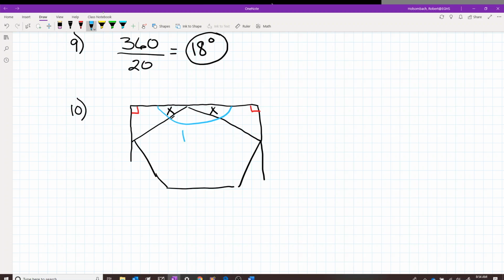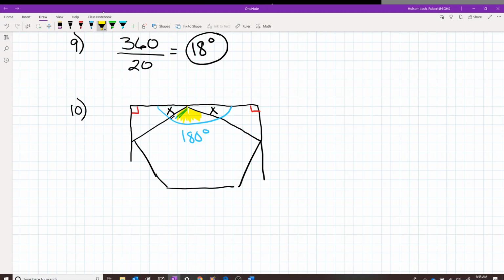They have to sum to 180 degrees. So if you knew this middle angle, this yellow angle, and you added it to 2x and made it equal to 180, you could solve for x.